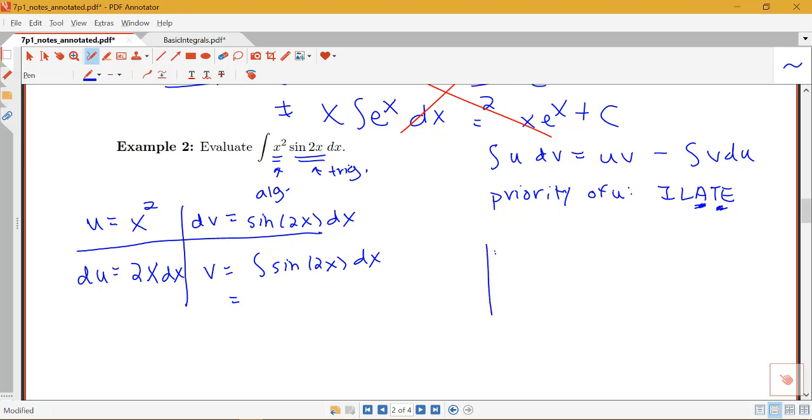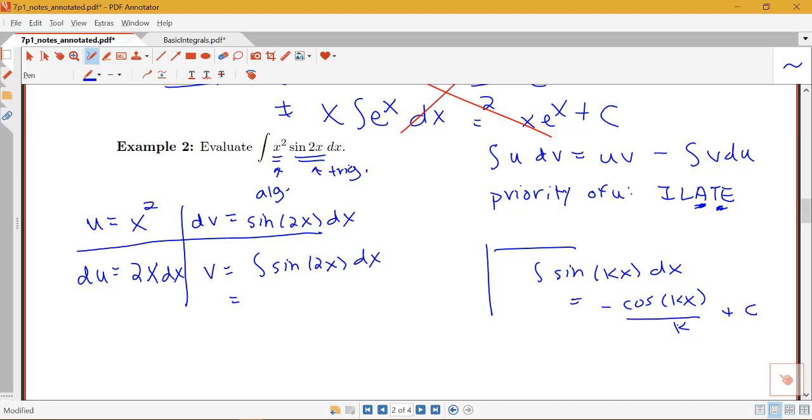It might help you to remember this little side rule about the integral of sine of a constant times x. That will be negative cosine of kx divided by k plus c. Whenever you're doing the integral of something where the composition is just a number times x, just like in the derivative rule, I'd have to multiply by that constant.